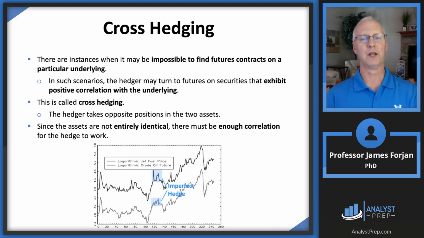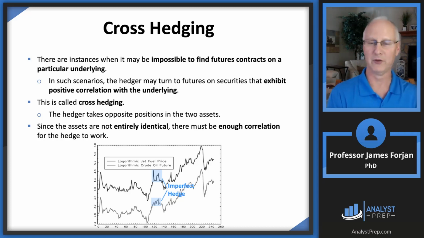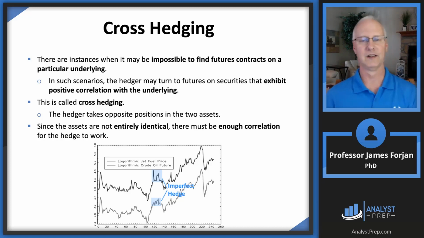Look at the final block point. The assets are not entirely identical, but there must be enough correlation for the hedge to work. I mean, what do you think the correlation coefficient between strawberries and gold is? It's probably 0, right? So we're going to find a contract that is close to it.